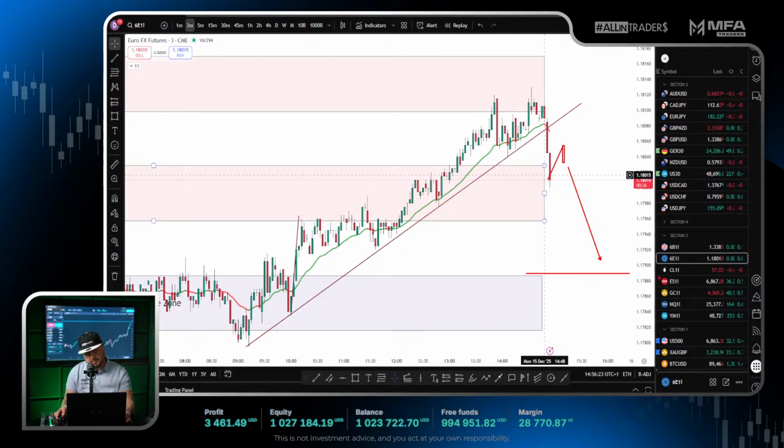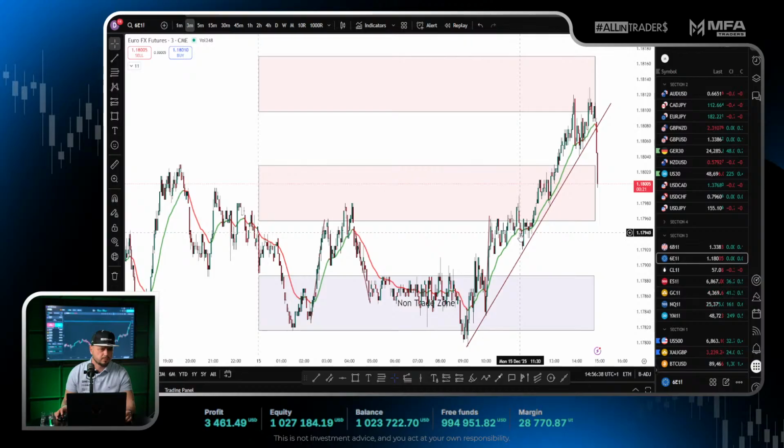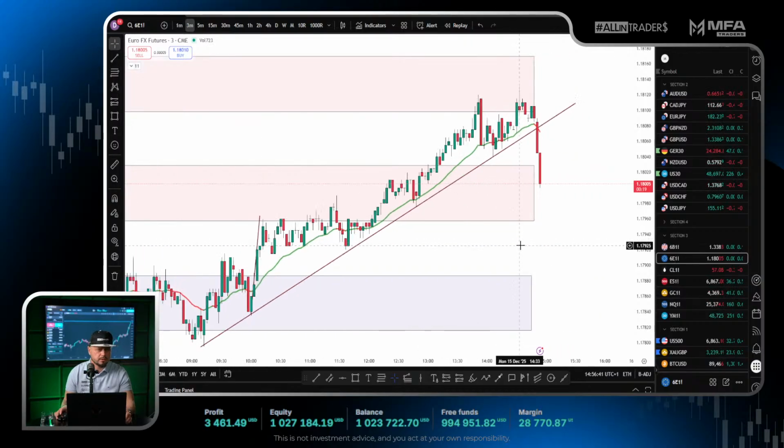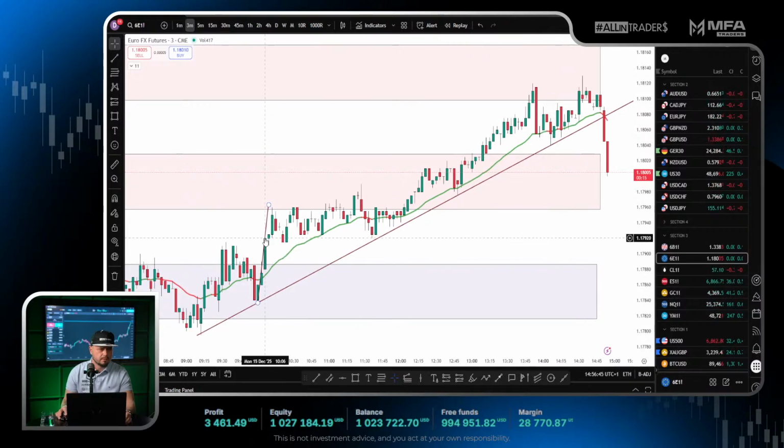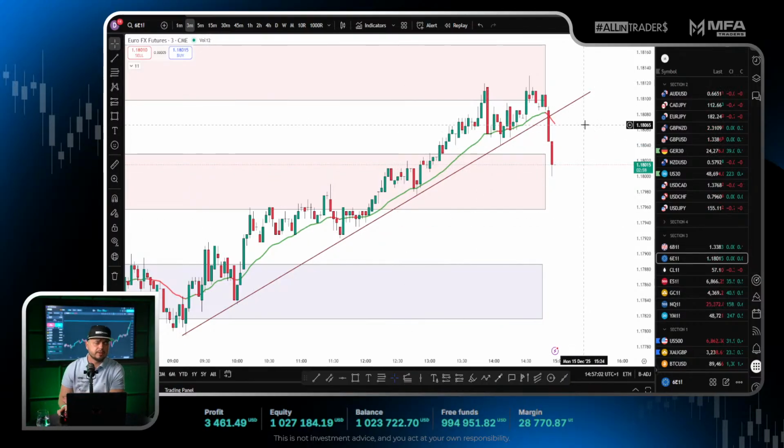I'm going to try to get to the non-trade zone. Yes, to the non-trade zone. We're going to try to get there. Yes, we need a small pullback. So let's wait for this one.